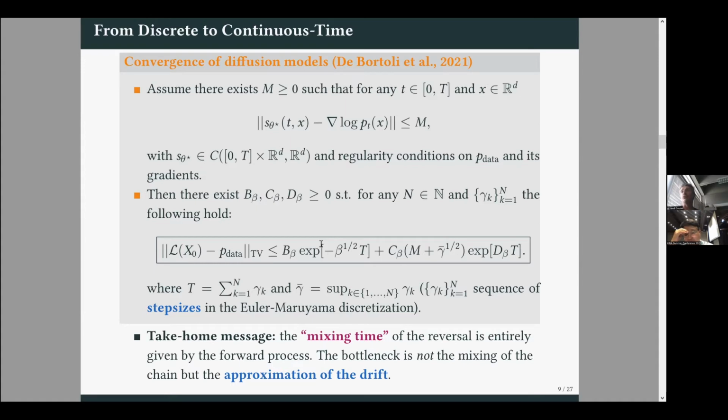Well, this type of result shows that, remarkably, these denoising diffusion models do not suffer from mixing problems. You actually have a dimension-free convergence rate for this kind of denoising diffusion model. So it's quite a remarkable result, and it explains partly some of the success of this technique.